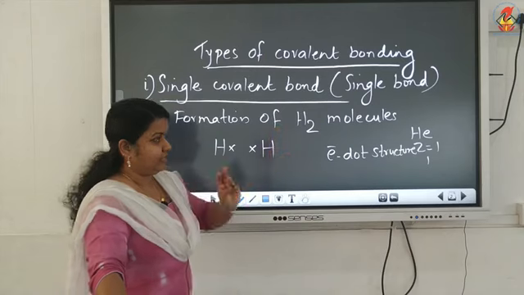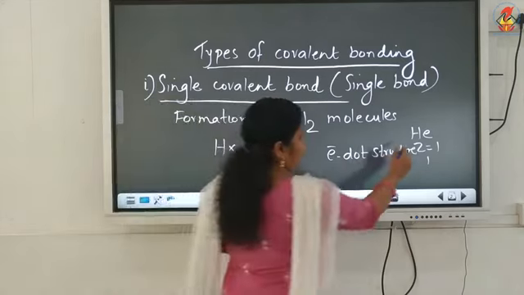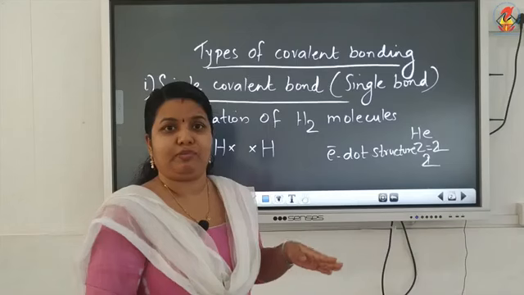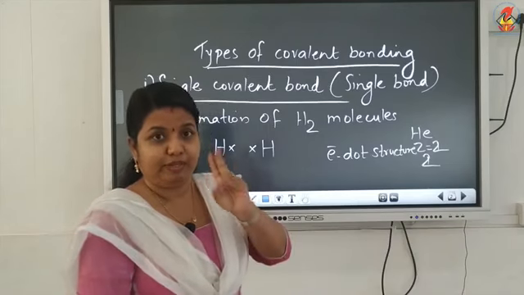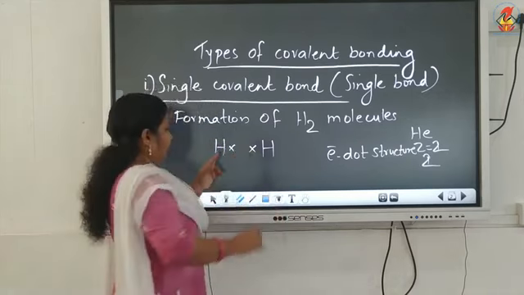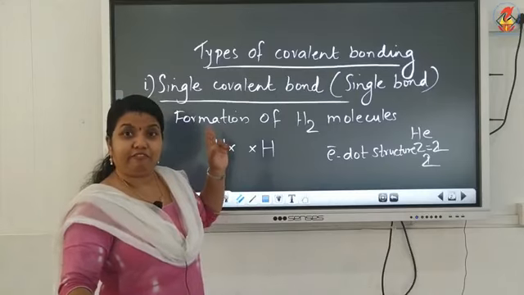In the case of hydrogen there is no problem. Helium has atomic number 2 and electronic configuration 2. So the tendency of hydrogen will be to attain the configuration of helium, that is 2.